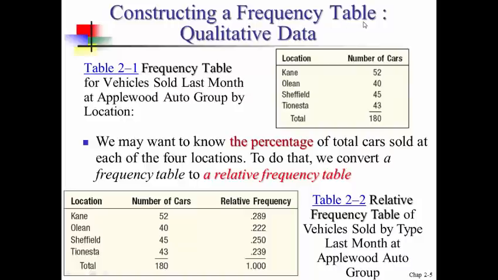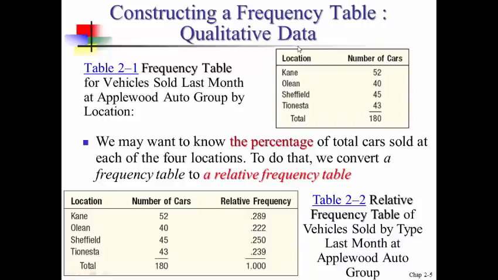In order to make a frequency distribution, you need a data set. The data set that you use is a qualitative data set. Once again, I'm not going to repeat the definition of qualitative data set. You need to find it on your own, or remember it on your own.